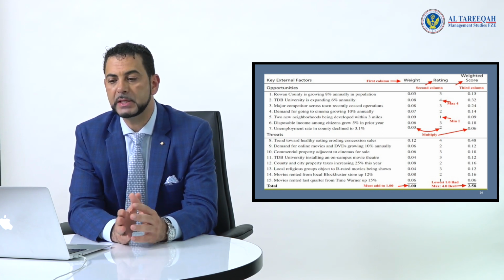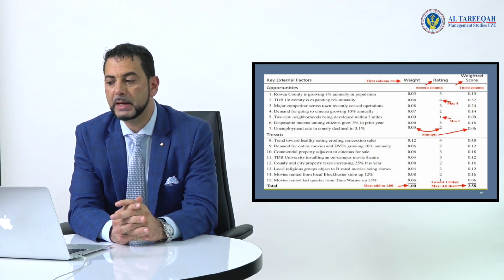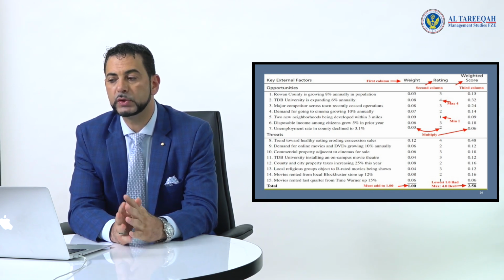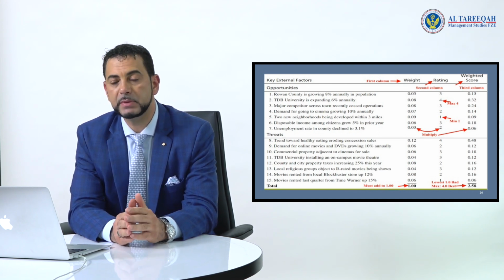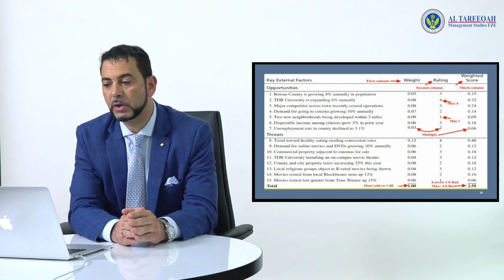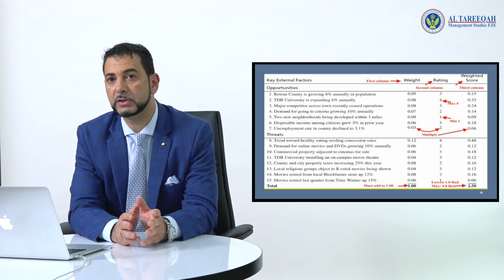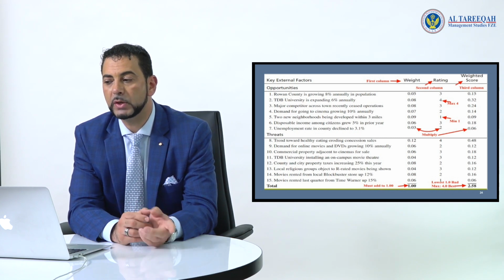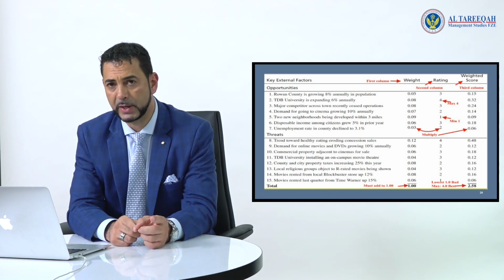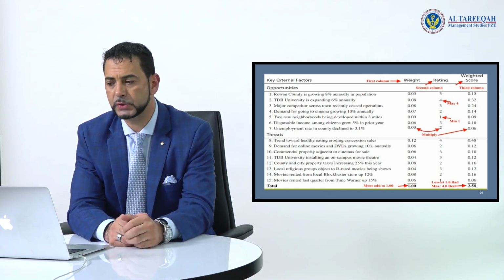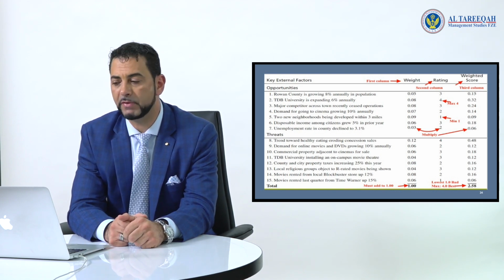As an example, we gave this one a 0.05. The next column is called the rating. The rating here is 3. The maximum you can give is 4. Then you multiply the weight by the rating, and you get your weighted score. So 0.05 times 3 is 0.15.